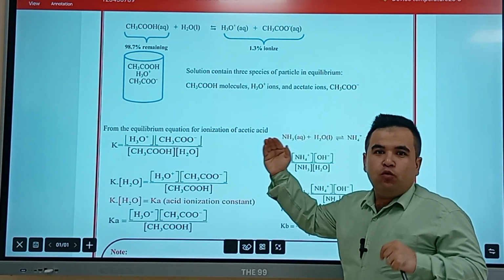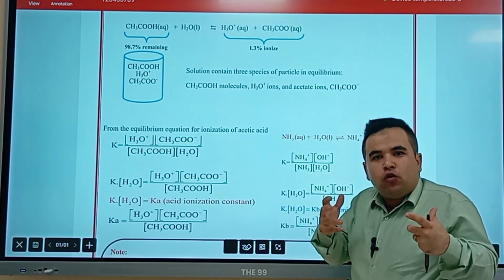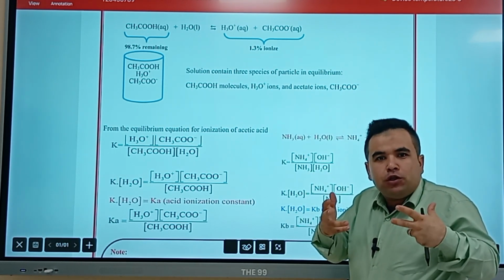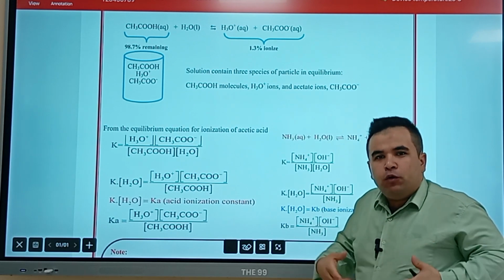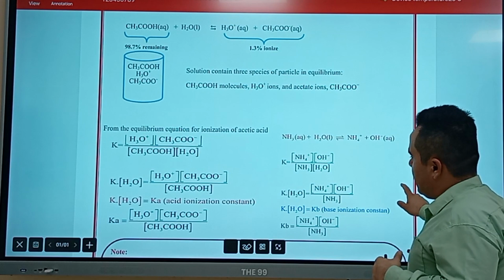But in this section, we'll talk about how to find the hydronium, hydroxide, pH, and pOH of those solutions through a constant value we call Ka and Kb. Let us talk about those two values, guys.